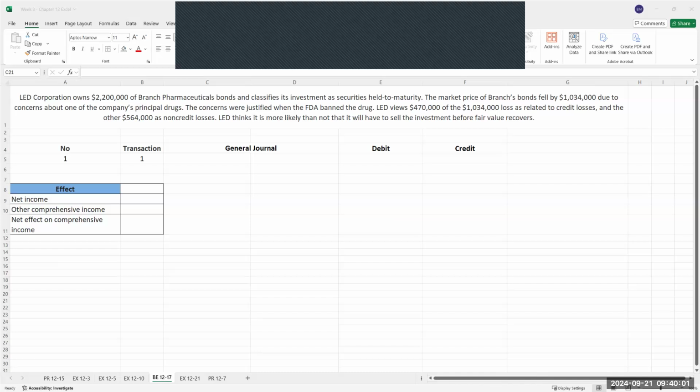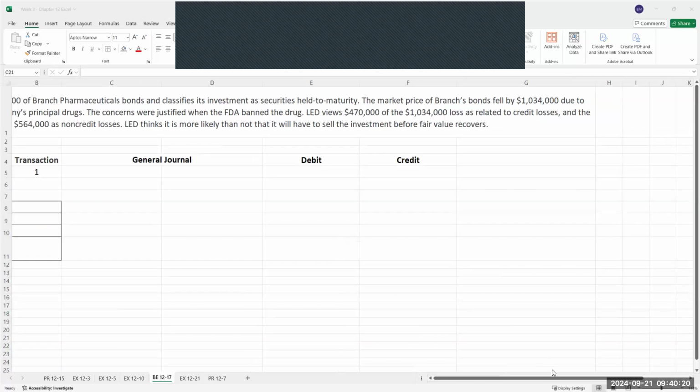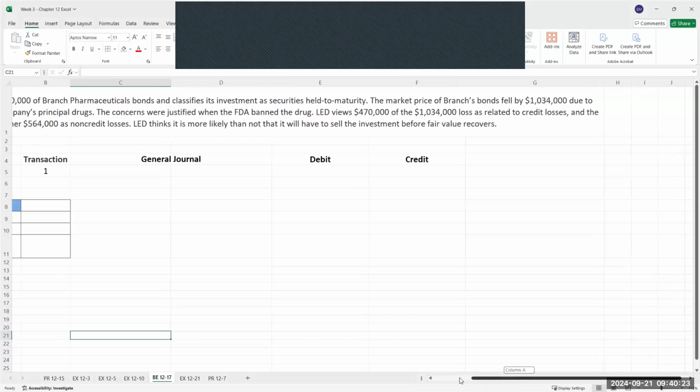All right. So for this question, this is asking about what journal entries we need to record. So here it states, LED Corporation owns 2.2 million of Branch Pharmaceutical bonds and classifies its investments as securities held to maturity.